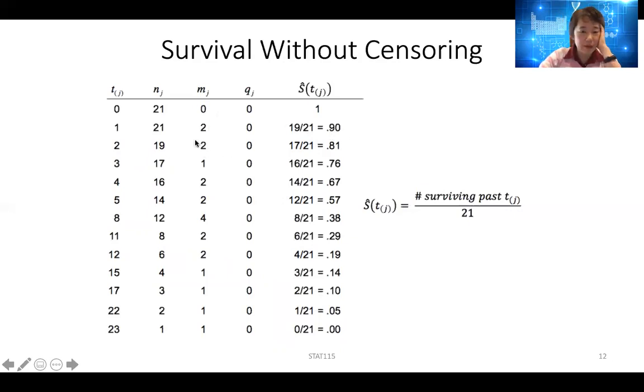But yeah, if you don't worry about the censored data, you can see here basically, then 2 more people died, then it's 81%. And then you have 17 people left, 1 person died.